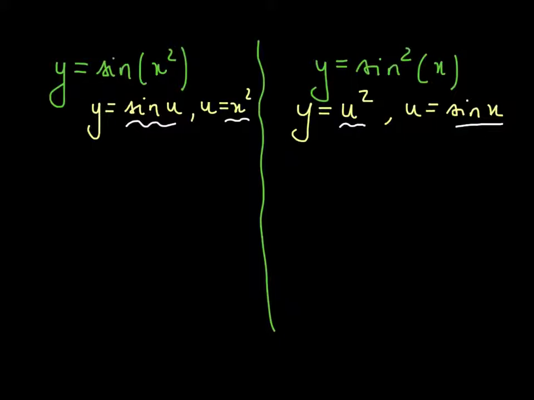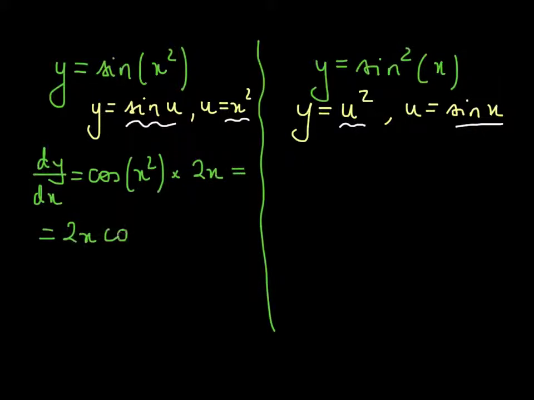So going back, how do we differentiate sine of x squared? So dy by dx, now we differentiate sine u. The derivative of sine u is cos u times the derivative of u. Generally I put a polynomial in front, so it's 2x cos of x squared.